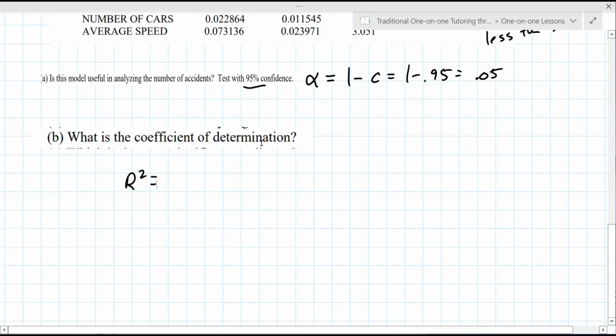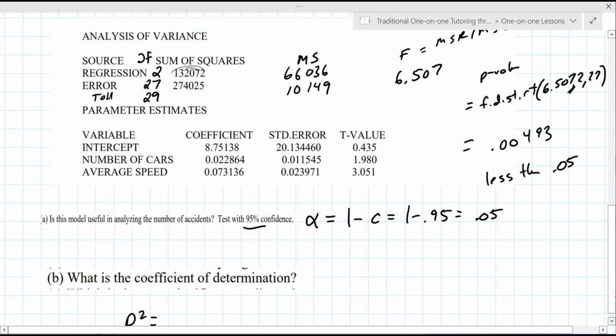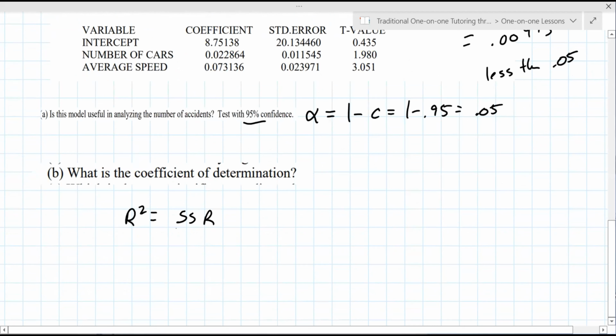It's based on the numbers in the ANOVA table, but let me check please before I say anything. Okay. So the coefficient of determination is the sum of squares of the regression over the sum of squares total.